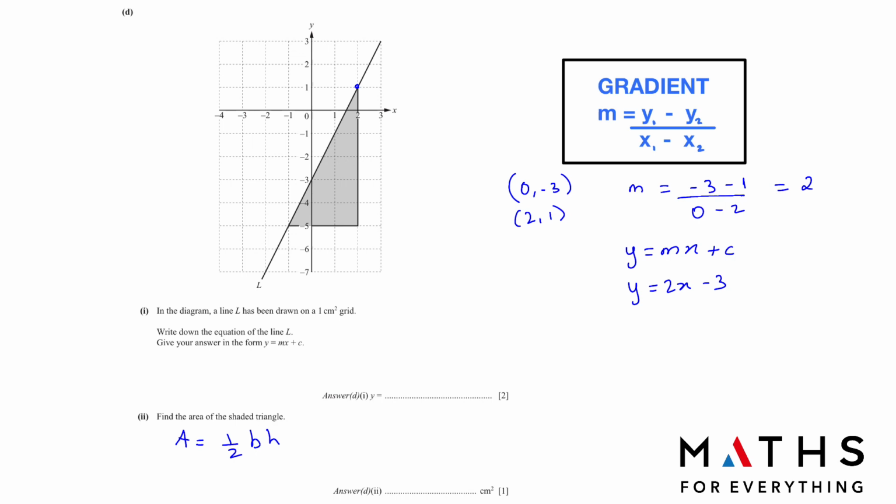The other way you can do is count the squares, but I feel this is much easier. What is the base? Just count the squares, 1, 2, and 3. And this is the height, 1, 2, 3, 4, 5, 6. This will give us 9 square centimeter.